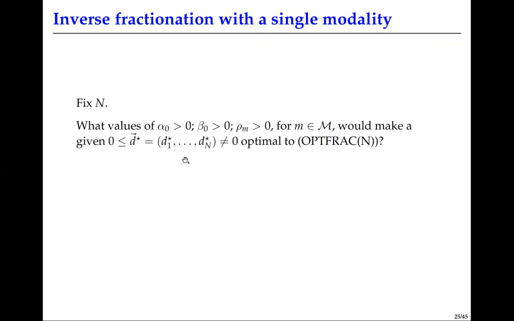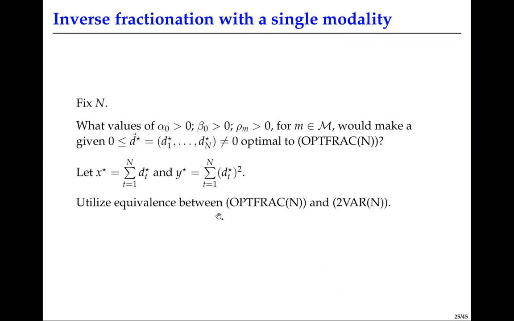This problem falls within the general area of inverse optimization, where the idea is to infer the values of model parameters based on given values of decision variables. And the way we can look at this problem is again to go back to our variable transformation. X star is the sum of doses. These doses are given now, and Y star is the sum of squares of those doses.